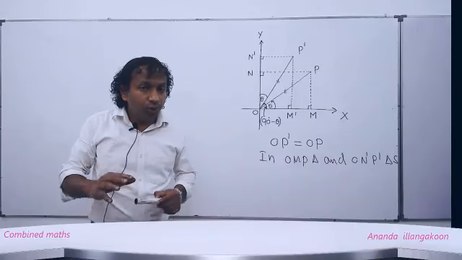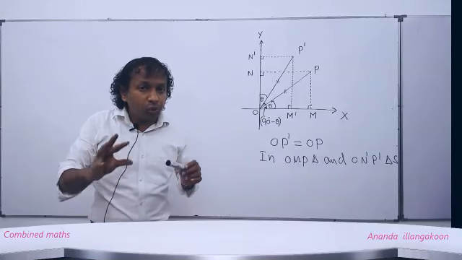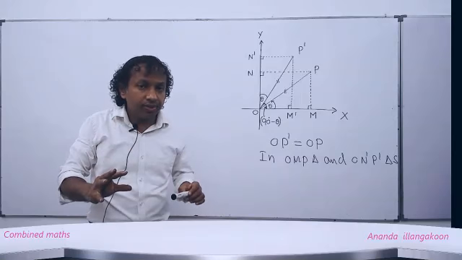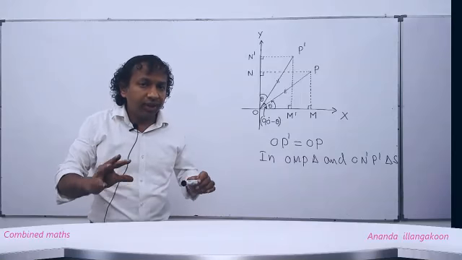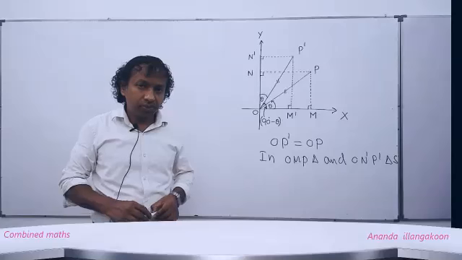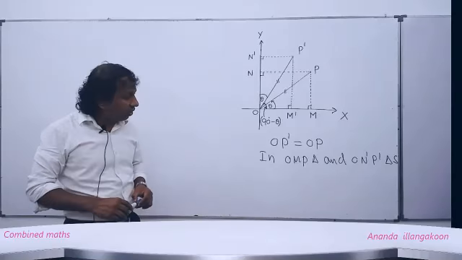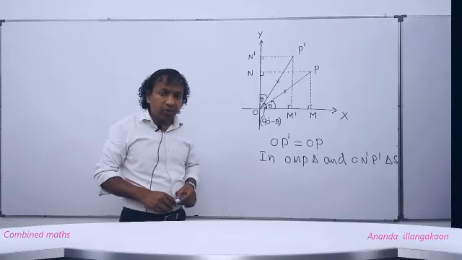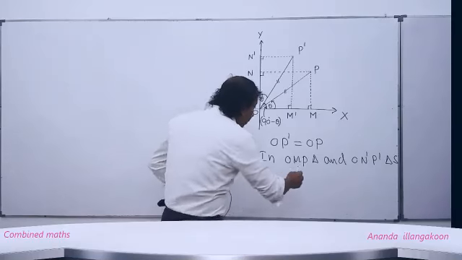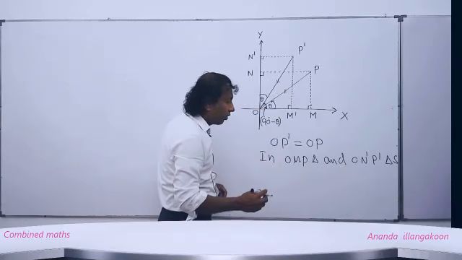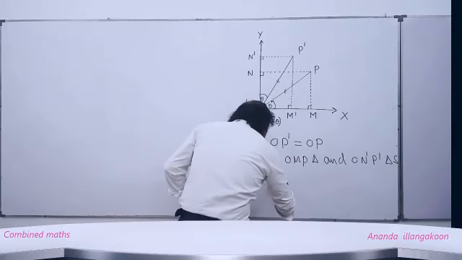You know, for two congruent triangles, corresponding sides and corresponding angles are equal. In this case, the important thing is that in these two triangles, corresponding sides are equal, right? In triangle OMP and triangle O dash N dash P dash, they are congruent triangles.